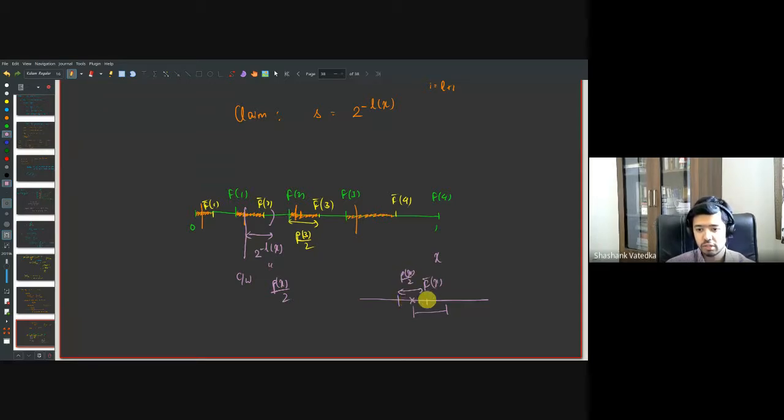So the code word lies within an interval of length P of x by 2, and all the bad sequences are in an interval of length P of x by 2. But no matter what happens, both the true code word and the set of all bad sequences are going to lie strictly within the interval from f of x minus 1 to f of x. Okay, so they never overlap, and therefore no other code word can be a prefix of this particular code word.